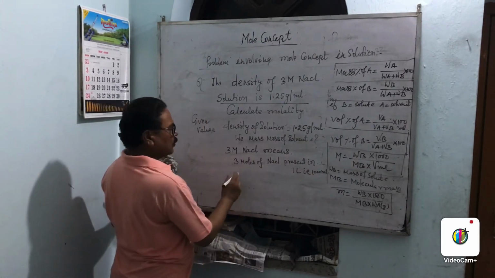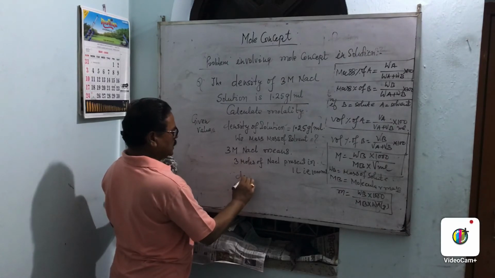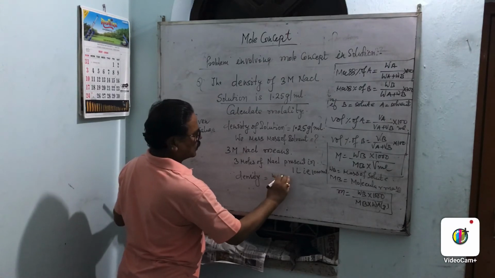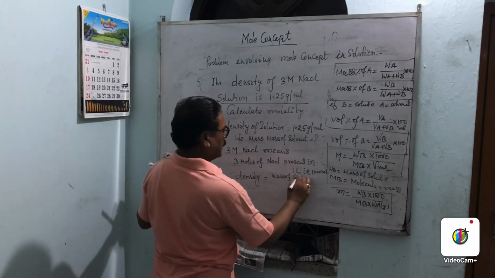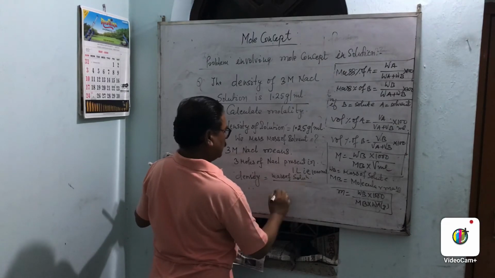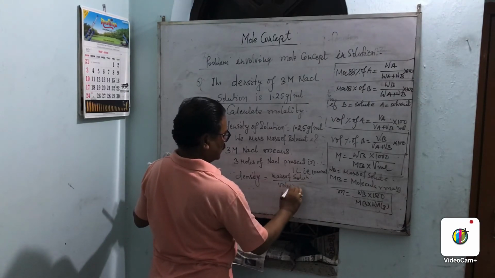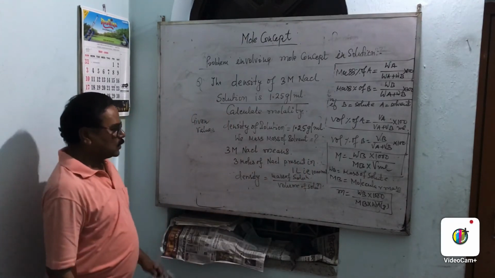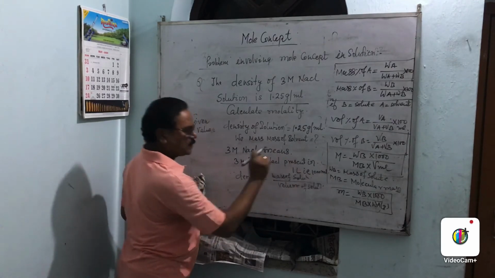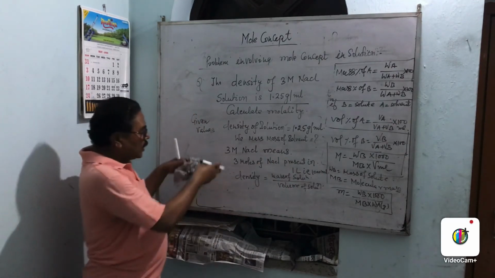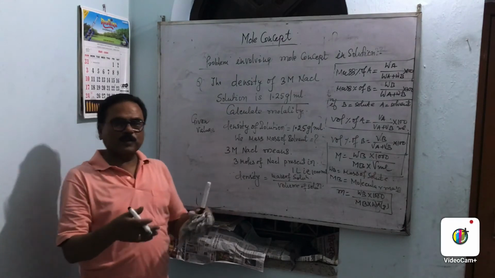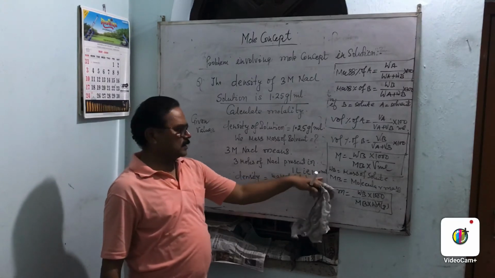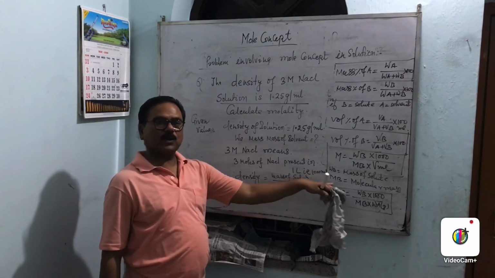Density of solution is equal to mass of solution divided by volume of solution. So we have the volume of solution given as 1000 milliliter, because 3 moles, that is 3 multiplied by 58.5 gram, is present in this 1 liter.